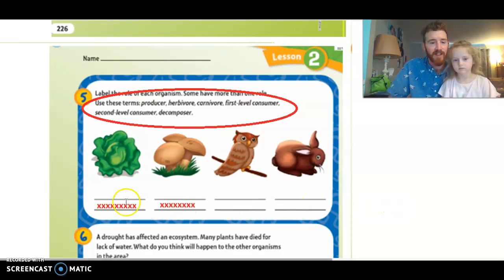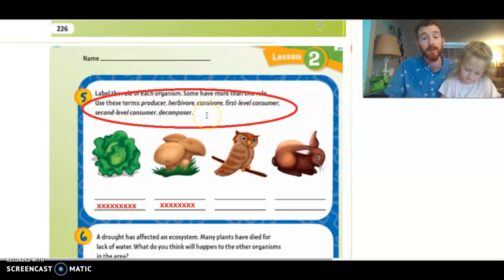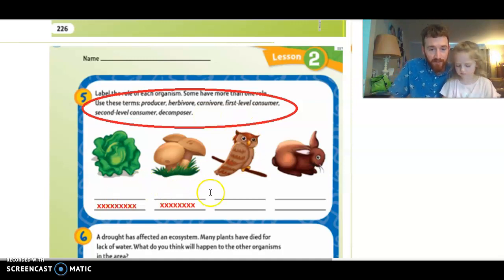So that basically I'm telling you here, we need 1 role for the lettuce, 1 role for the mushrooms, and 2 roles each for the owl and the rabbit. So again, use these terms. Think, where's my producer? Which one's an herbivore? Which one's a carnivore? And then first level and second level consumer. Again, you might want to look back in your book and see what we're talking about with those. Okay, so then now you're going to fill in these 6 blanks with these 6 terms. Okay, so hopefully that'll be a little bit of a help there.